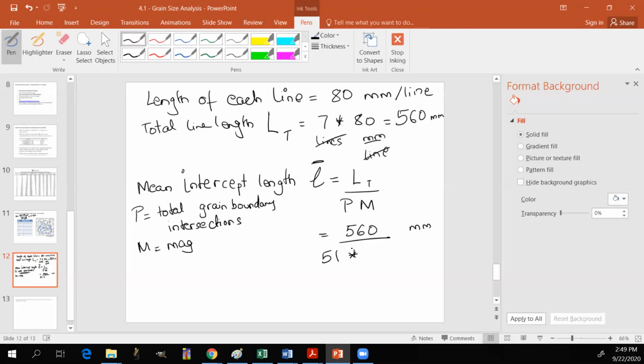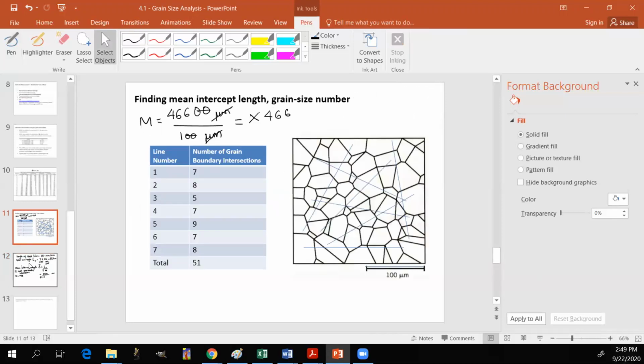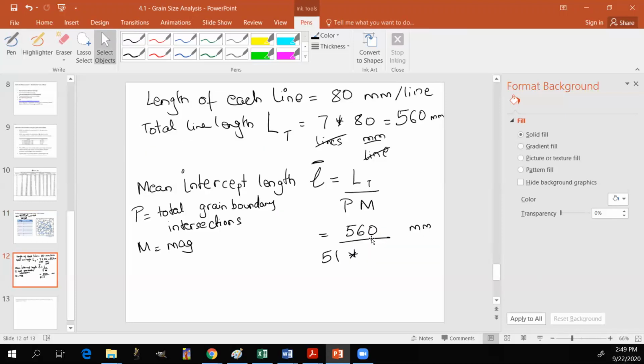The magnification was 466. So we do the math, and that number turns out to be equal to 60 divided by 466.